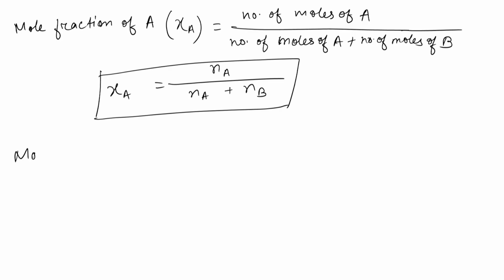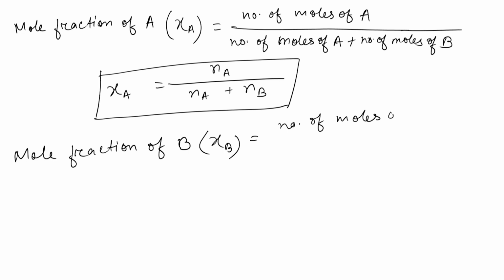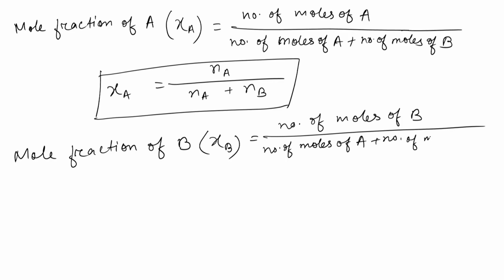Now, if we want to calculate the mole fraction of B, that is Xb, this is equal to number of moles of B divided by number of moles of A plus number of moles of B. So, Xb is equal to Nb divided by Na plus Nb.